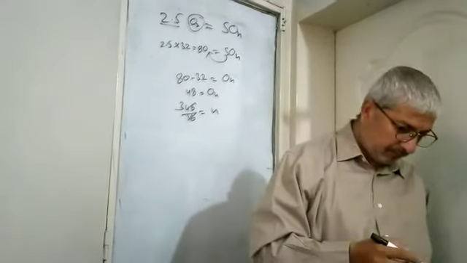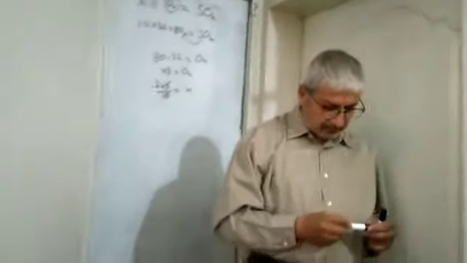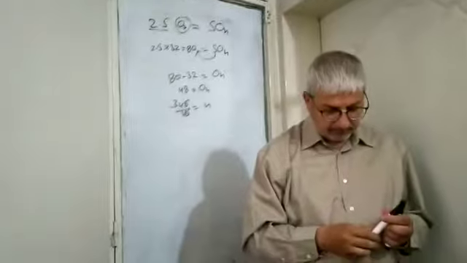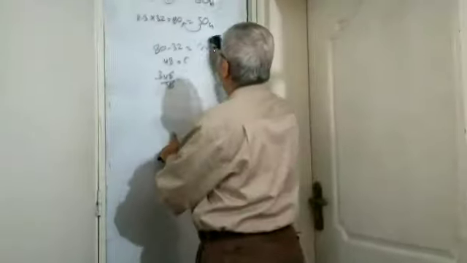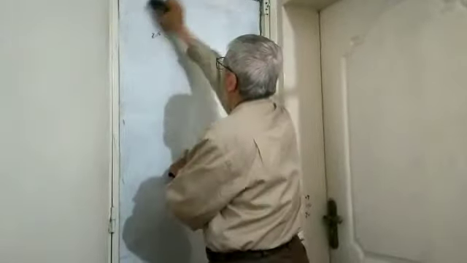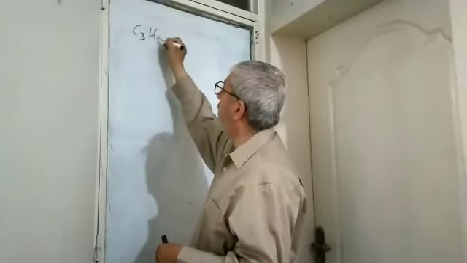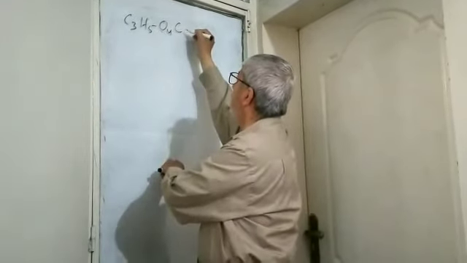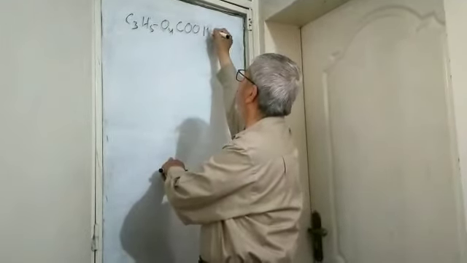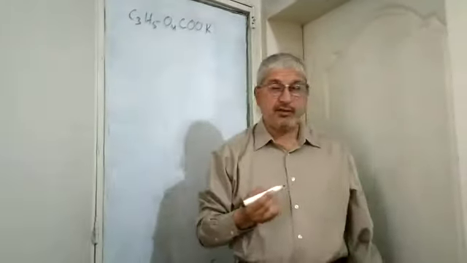Next question. Potassium hydrogen tartrate has the formula C4H5O6K. What is the percentage by mass of carbon in potassium hydrogen tartrate? Okay, first of all, let's write the formula. And they are asking about the percentage of carbon in it.